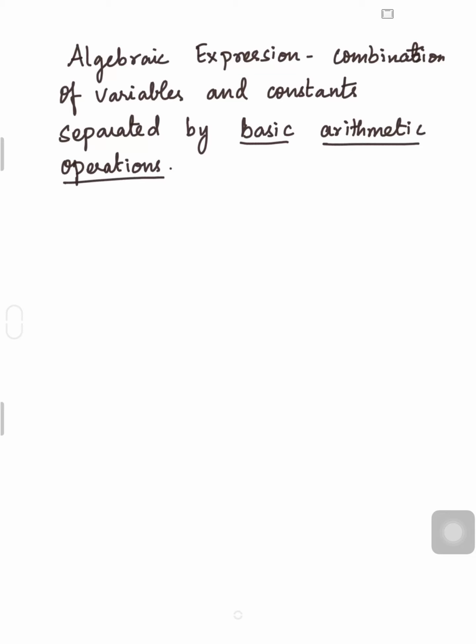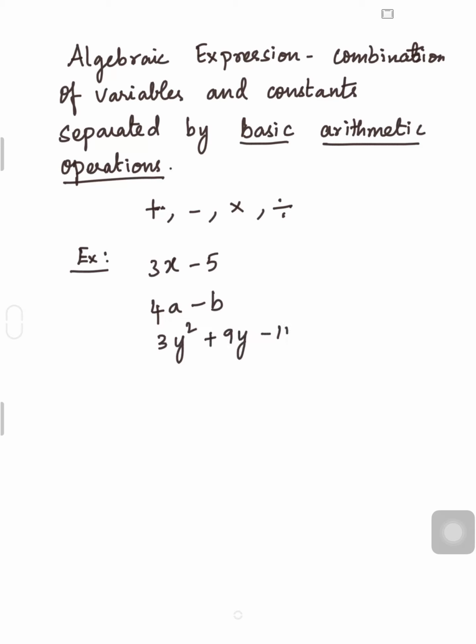What are the basic arithmetic operations? They are addition, subtraction, multiplication and division. So some examples of algebraic expressions are 3x minus 5, 4a minus b, or it can be even 3y squared plus 9y minus 11. All these are algebraic expressions.